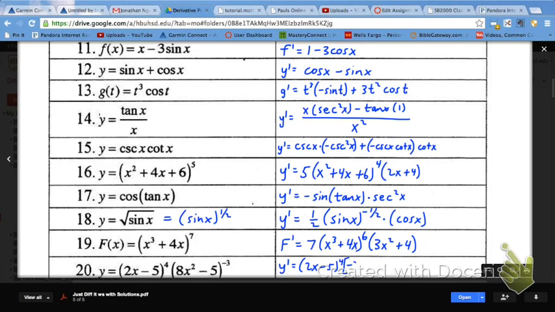We have negative 3 multiplied by the inside, 8x squared minus 5, and raising that to the negative 3 minus 1, which is negative 4. But don't forget, we also have to multiply that by the derivative of the inside, which is 16x. So that's a big mess, that one right there.